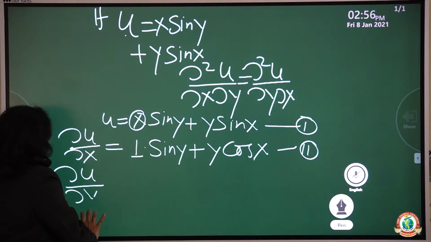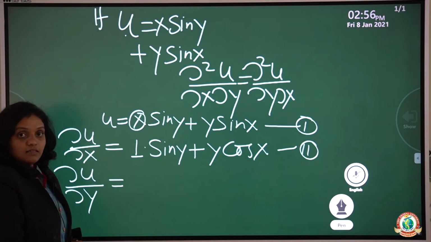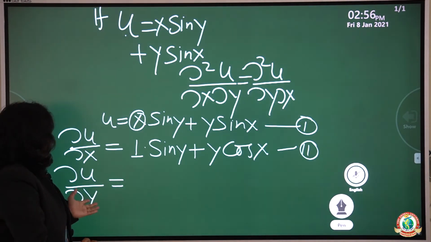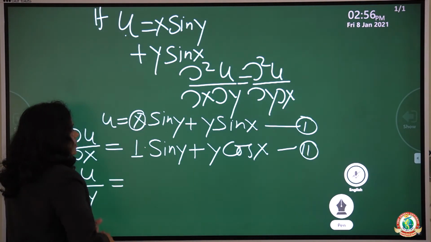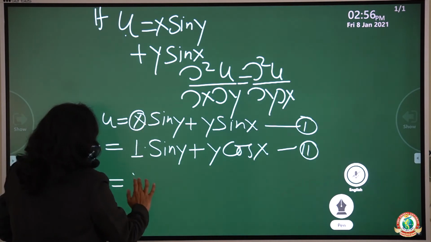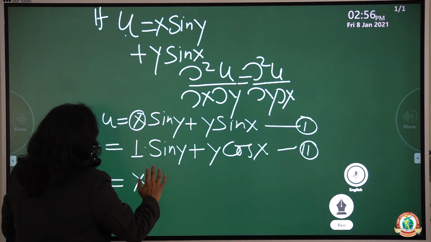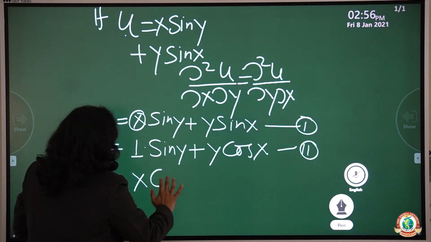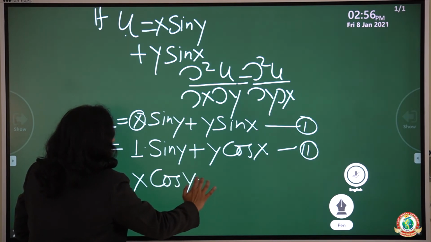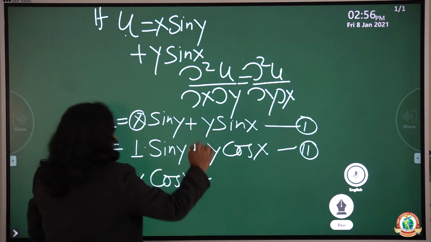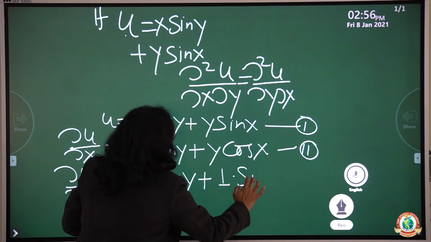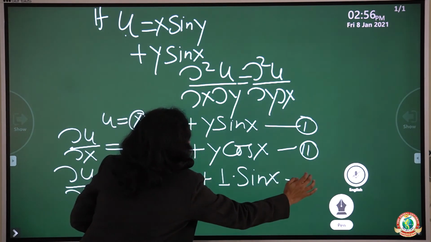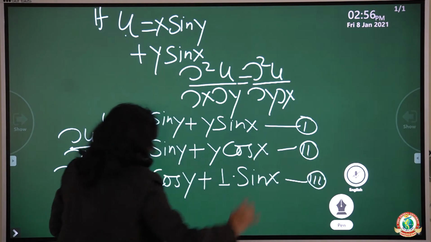Now we differentiate the equation with respect to y. So we differentiate this equation with respect to y: x and the differentiation of sin y is cos y, plus the differentiation of y is 1 and sin x. This is the third equation.